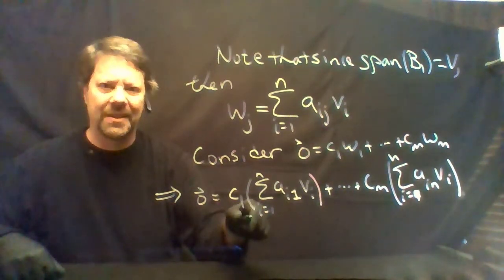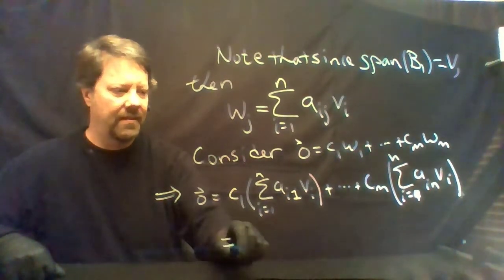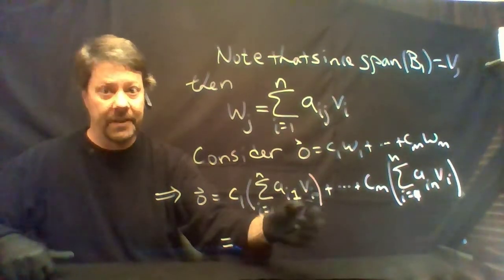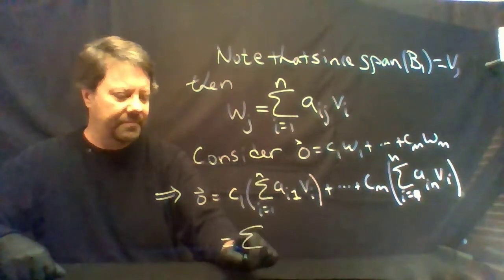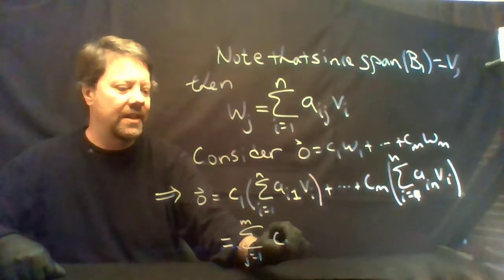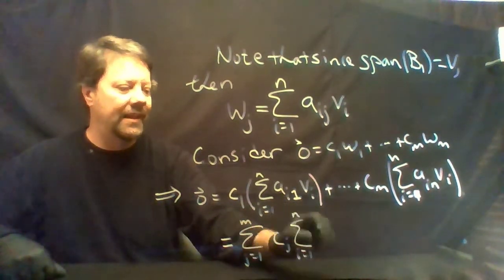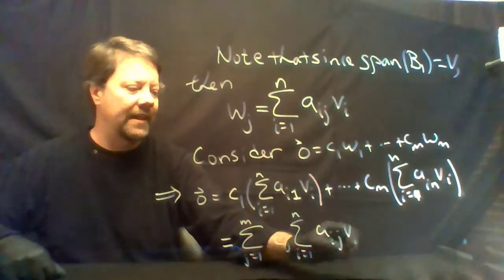Well, we can actually express this as kind of a double sum, if you will. This is the sum of these various sums. You can write this as the sum as j goes from 1 to m of Cj times the sum as i goes from 1 to n of Aij vi.